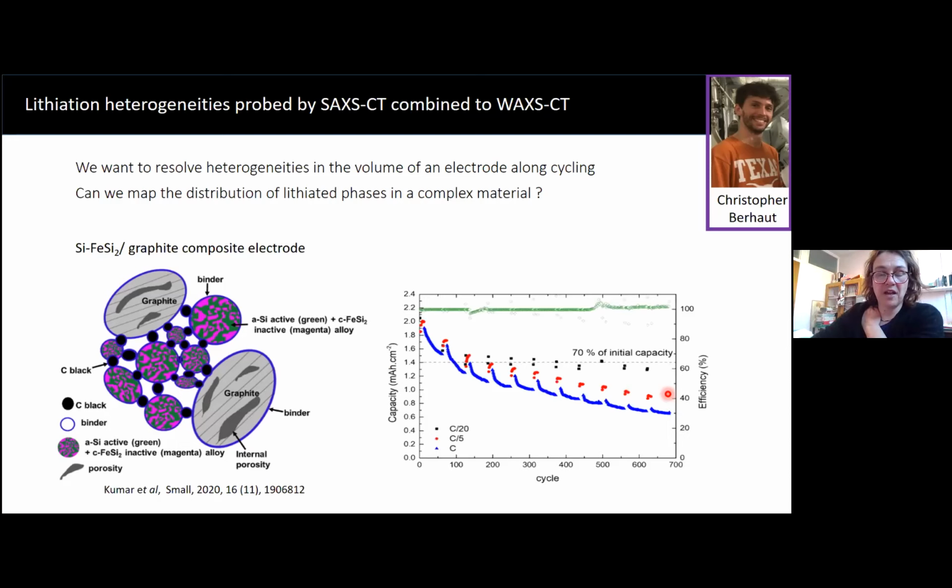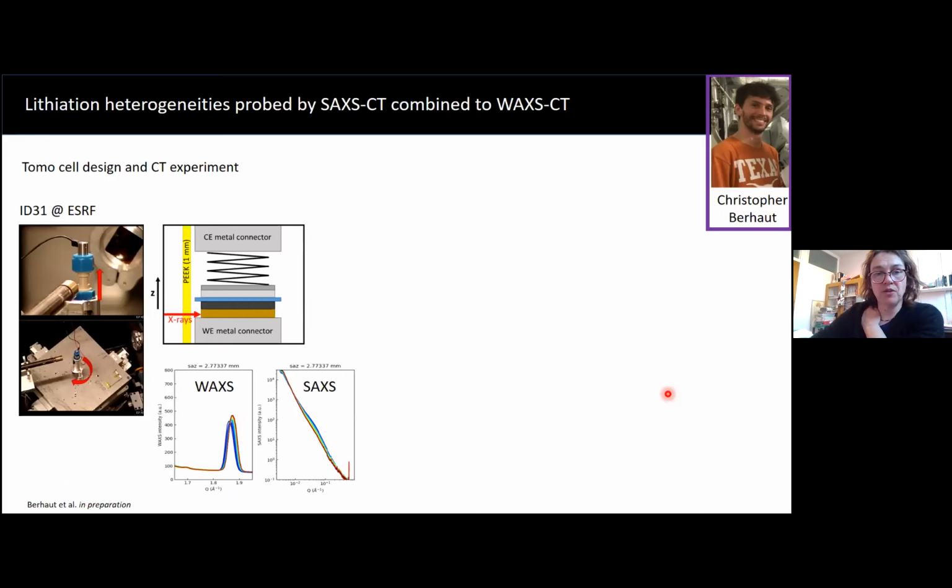Those materials behave quite well in coin cells. Actually, after 150 cycles, you still have 70% capacity retention, which is not bad for such a high silicon content material. And so we designed the computed tomography experiment to look in detail at what happens in these materials. So we had first to design a cell.